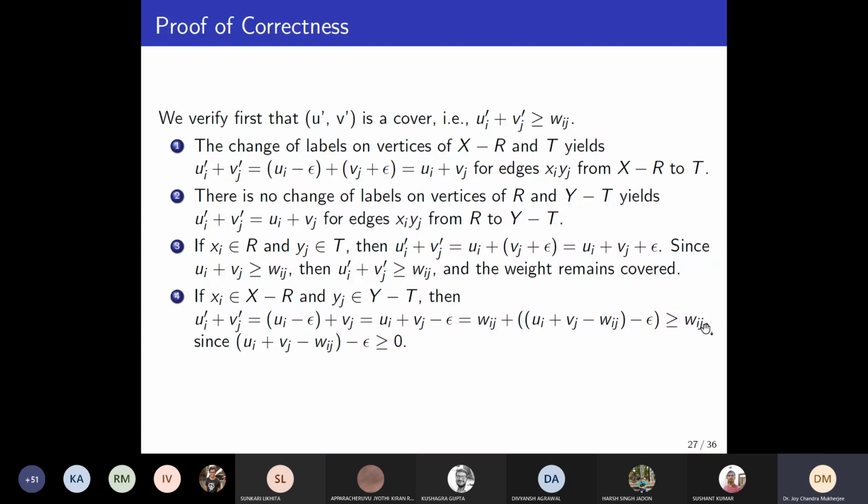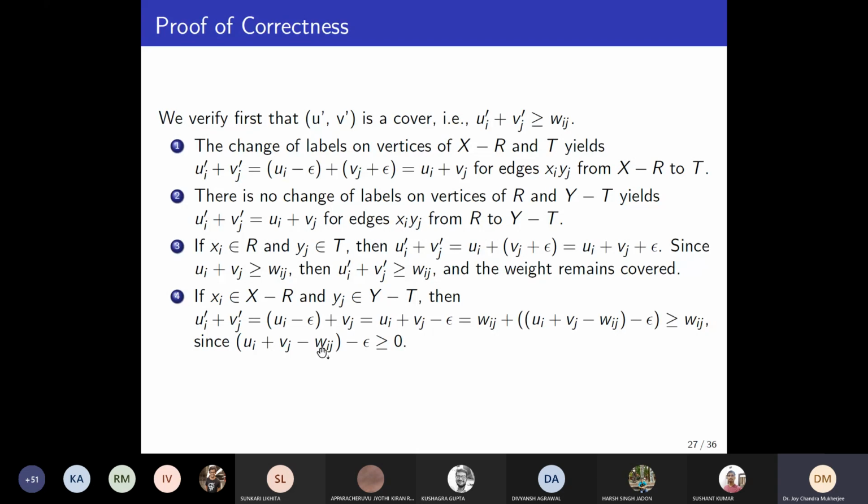And why is that true? The reason is ui plus vj minus wij minus epsilon is greater than or equal to 0. Okay, now why is this true? ui plus vj was the value of ui and vj in the earlier iteration, and wij is constant because this is my input.